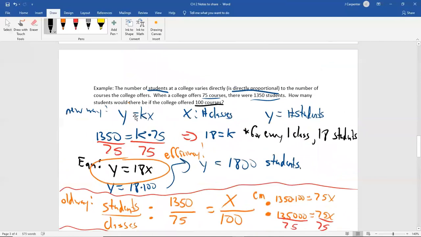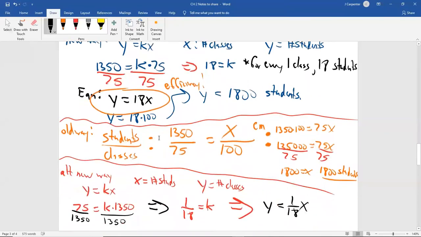So we used the equation to find the k. We plugged things in, and that was fine. We showed the old way where we did fraction equal to fraction, and we skipped finding out what the k is, and we just went straight to finding the number of students, which is perfectly fine. But you can still find the k using this fraction setup, but you don't plug in the second scenario's value. You just use this as your fraction instead and reduce it as much as possible.